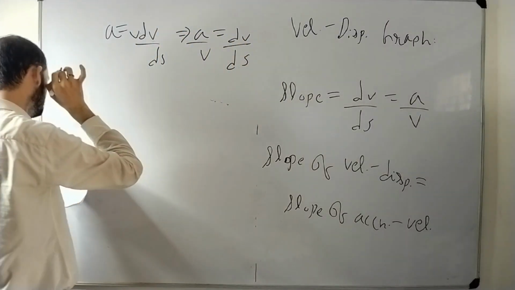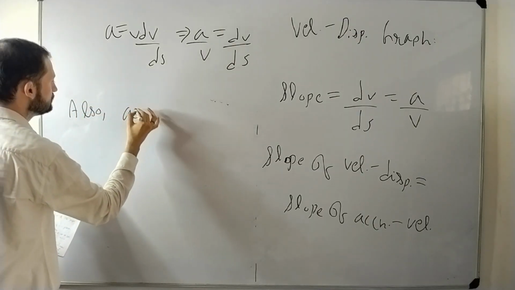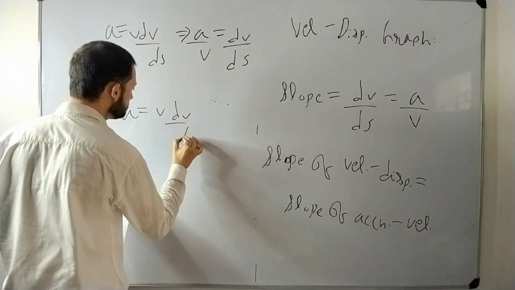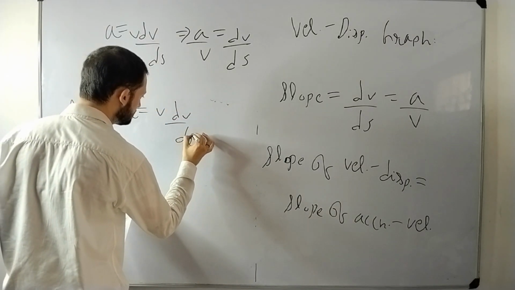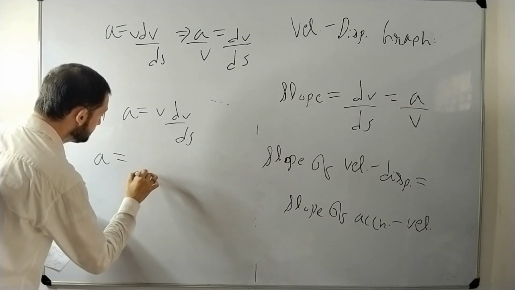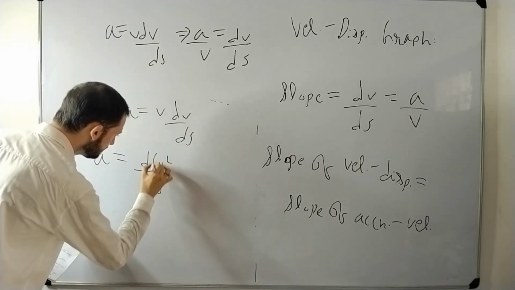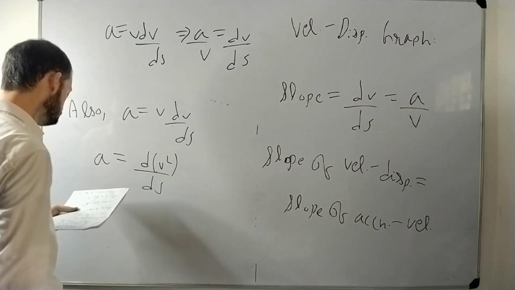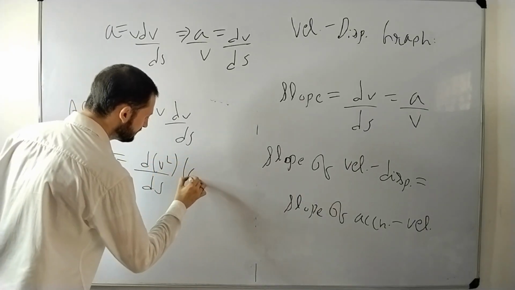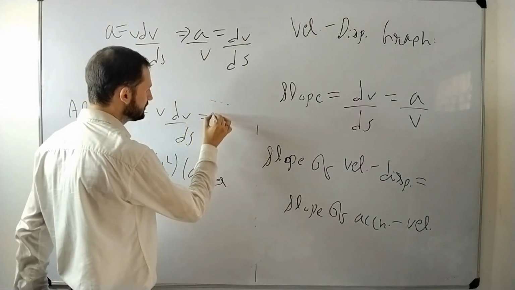So the same thing. Also, A is what? V dv by ds. So why are you writing the same thing here? Just have patience. Can I write A as d(v square) upon ds? Right, student? So what did sir do? This is after integration. So integration would give us what?